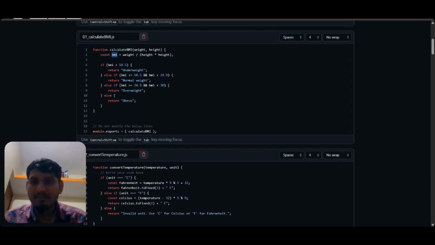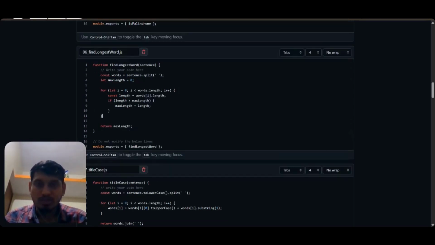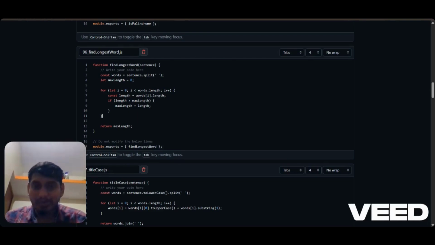Next problem is find the longest word. In this, the approach is to split the sentence into words, loop through them, and track the longest word. Here, the obstacle is that at first we returned only the length, not the word itself. So the strategy is to add an extra variable, longest word, to store the word itself.